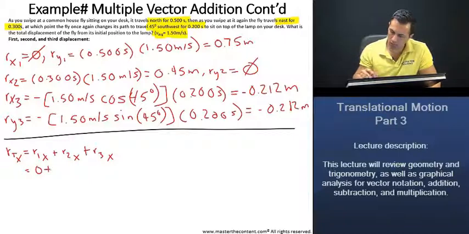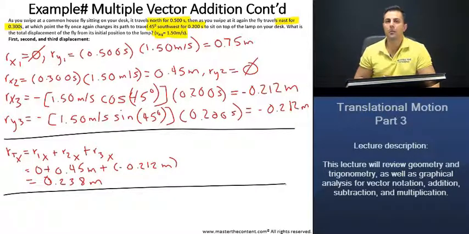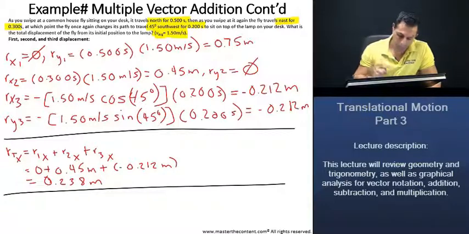For the second one, it was 0.45 meters that we had found. And for the last one, we had found that it was negative 0.212 meters. Thus, when we add that up, we'll get a value of 0.238 meters.